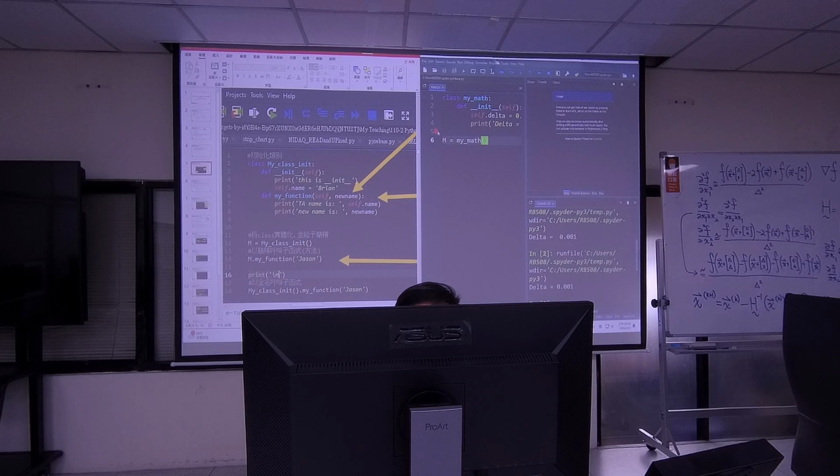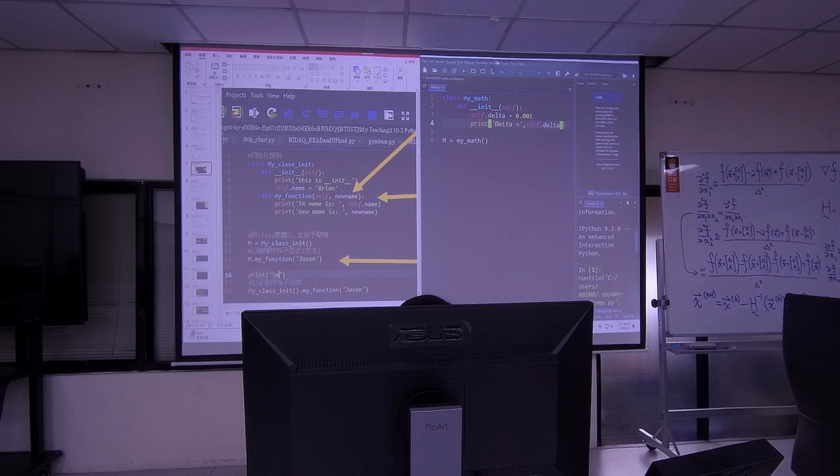Let me continue to create a second function. Over here, I want to define f prime. Then I say self, and I need to give a number.